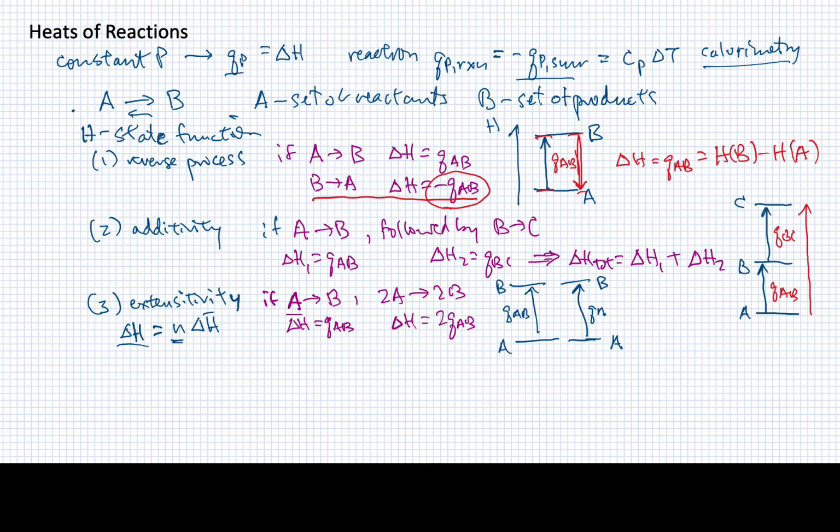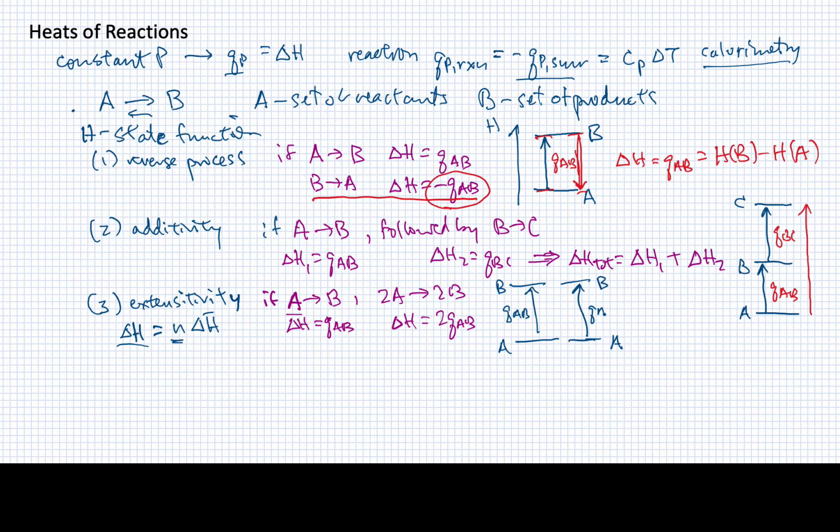Okay, I think we also know that if there is a series of reactions, where we're leading this to is, if I have a series of reactions, this is H along the vertical axis, and I go along this series of reactions, something like this.